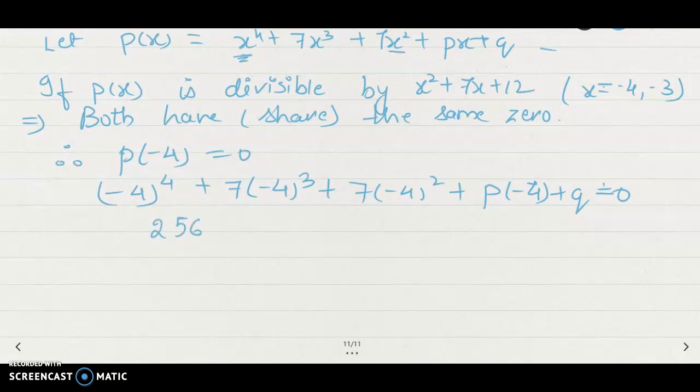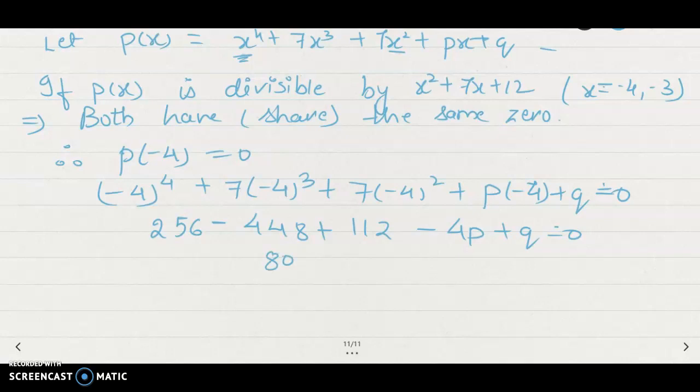If we multiply a negative integer an odd number of times, we get a negative sign. So 7 into 4 cube will be 448, and plus 7 into 4 square we will get 112. Minus 4p plus q is equal to 0.